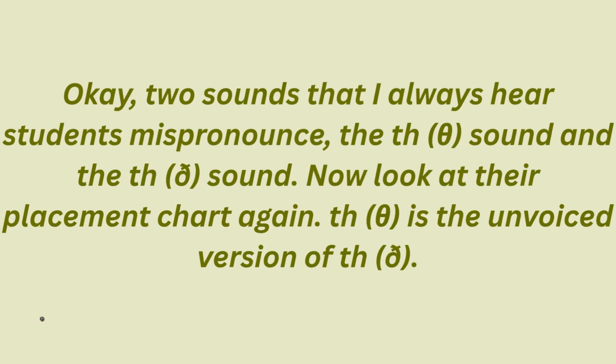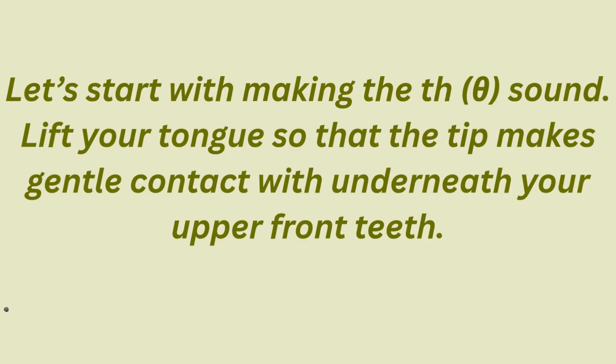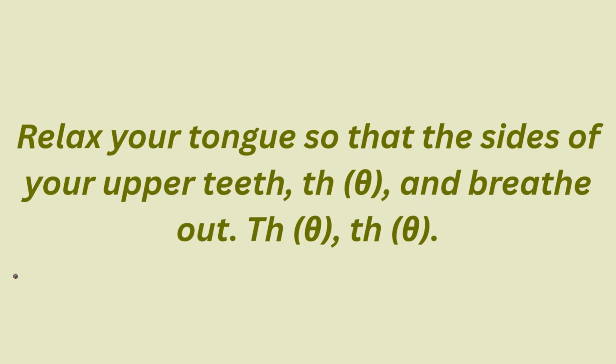Now look at the placement chart again. F is the unvoiced version of v. Let's start with making the f sound. Lift your tongue so that the tip makes gentle contact with underneath your upper front teeth.